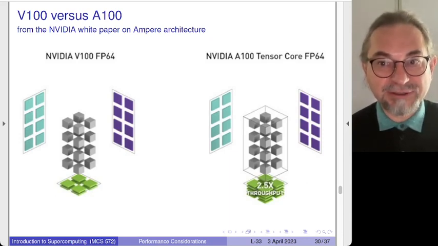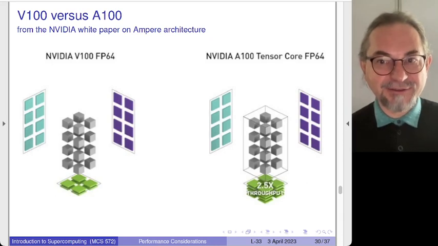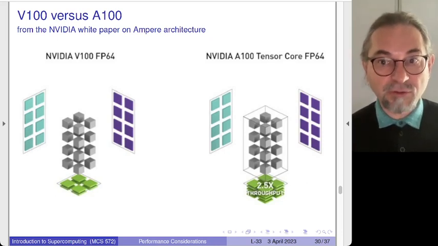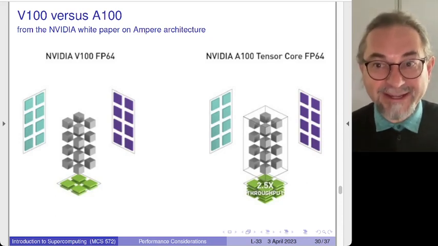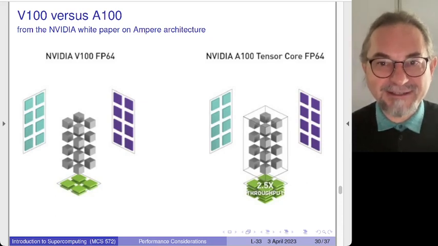So in some sense one needs to think at a really fine grain level, but again we have 640 of those tensor cores. So again, twice 640 is 1280. So there is power in the many.